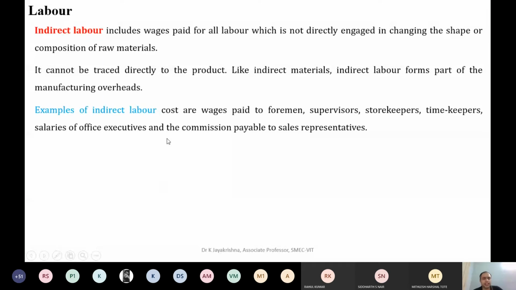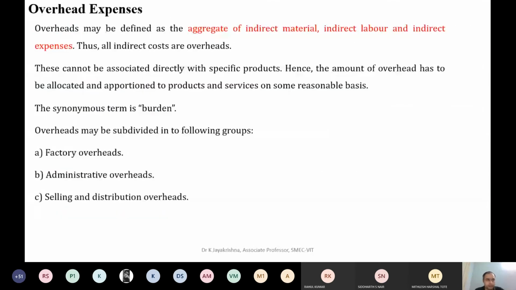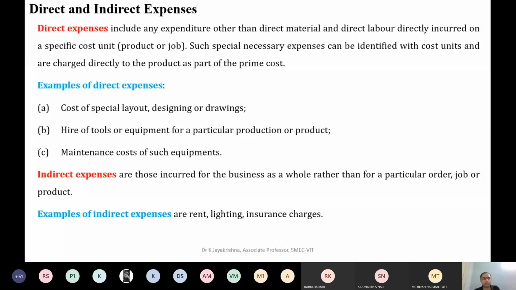Then again, when I come to expenses, I can classify it as direct expenses and indirect expenses. Direct expenses are whatever I'm spending directly on material and direct labor. You understand this? You can note down somewhere: direct expenses means the expenses made on direct material and direct labor.